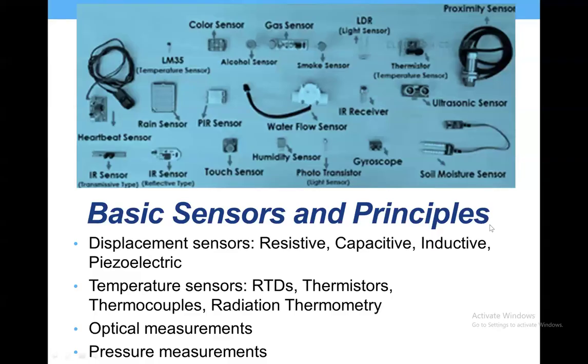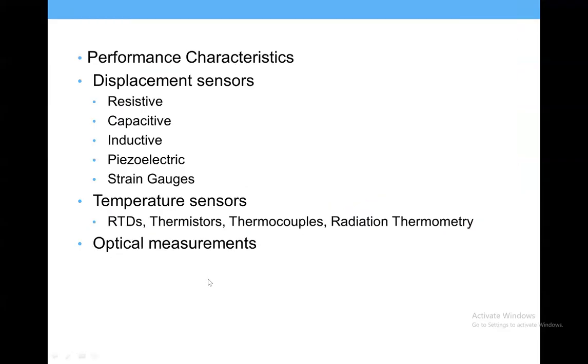Then we did, so these were after the mid-semester break, so hopefully it's fresh in your mind. We did different kinds of sensors. The displacement, I think the resistive we had done quite a bit. And then we did temperature sensors, did some calculations, and then optical measurements.